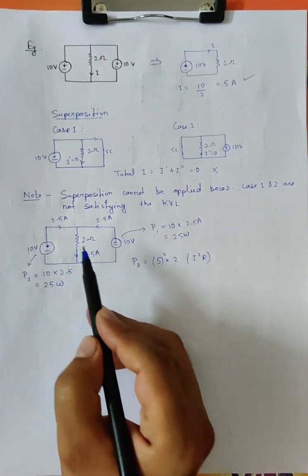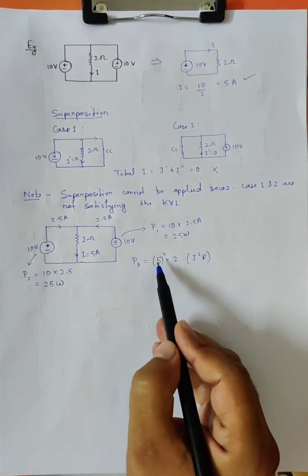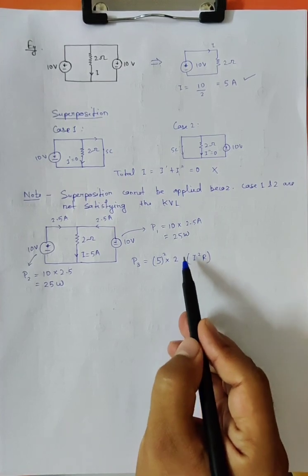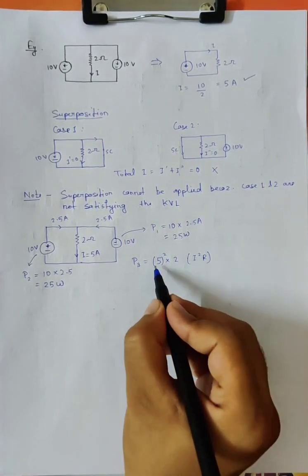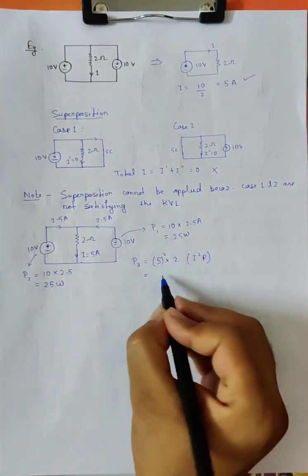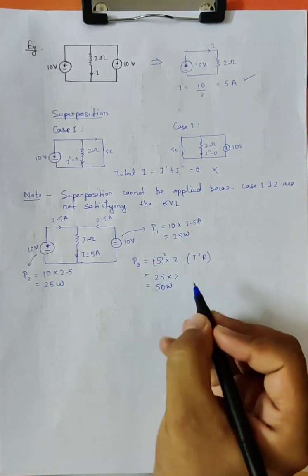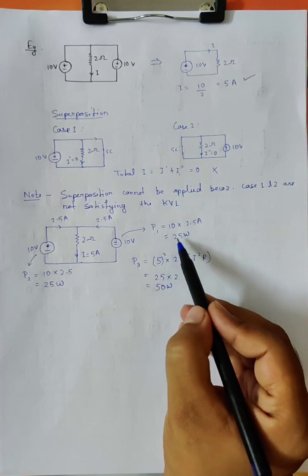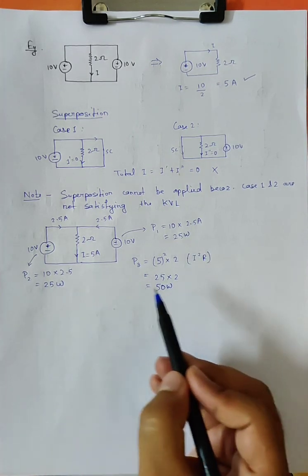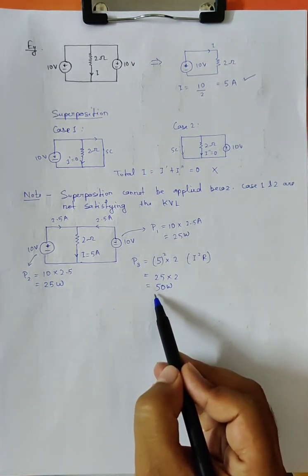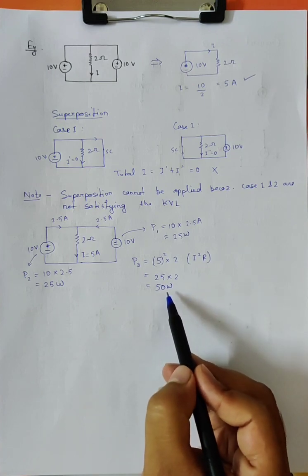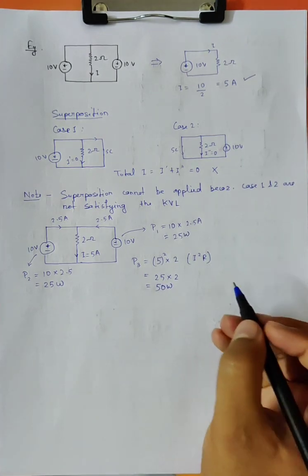For this resistance, power absorbed will be I square R, where I is 5 and R is 2. This will be 25 into 2, which is 50 watt. Total power delivered is 25 watt plus 25 watt, which is 50 watt. Power absorbed is 50 watt. So power delivered is equal to power absorbed.